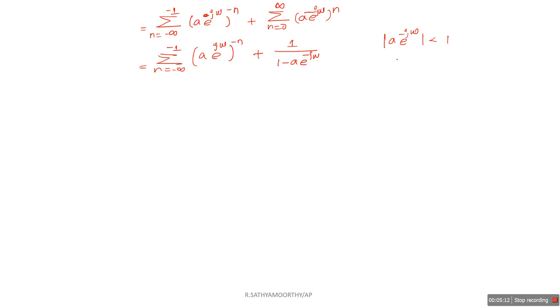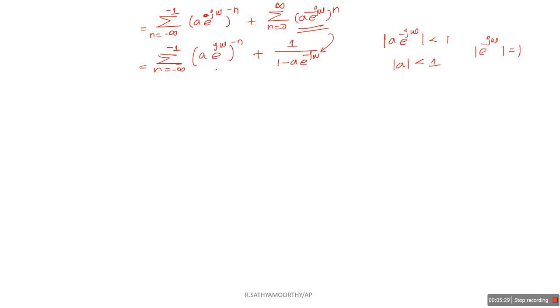So we'll get mod a here, and the modulus of e power minus j omega is 1. Therefore we'll get mod a. The condition is satisfied, so that we can write this summation into a simple formula.